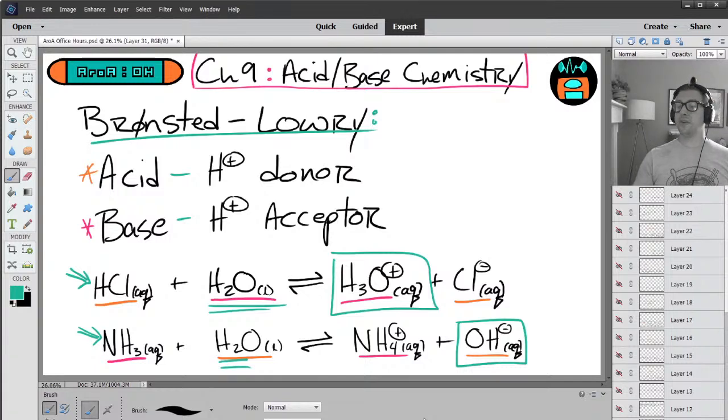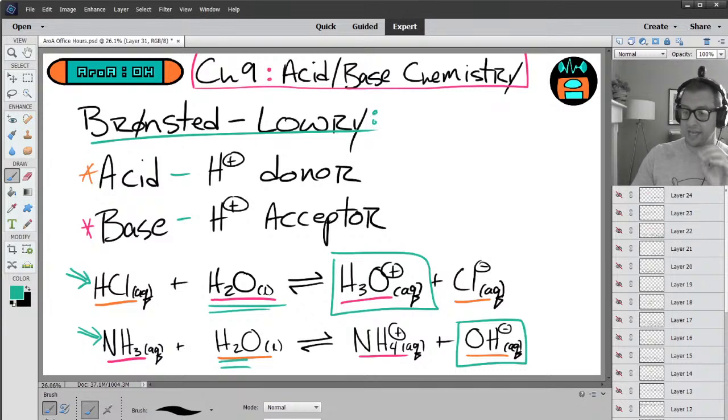They're actually in perfect agreement. They just describe different things. The Arrhenius definition describes the product when mixed with water, and the Bronsted-Lowry definition describes the way that the compounds known as acids or bases react. All right, so it's a difference in focus that describes the same phenomenon and is in agreement. They're not fighting. They're totally on the same page.